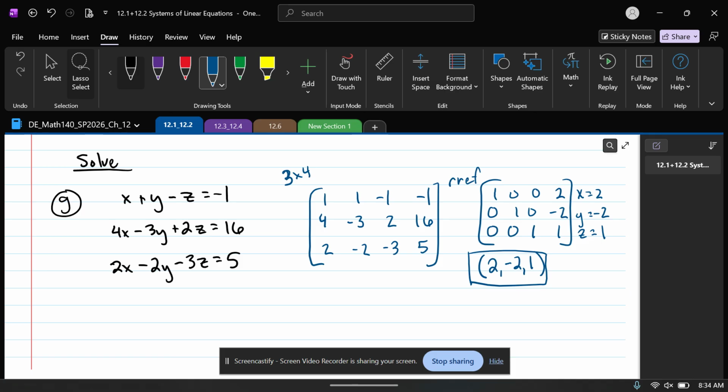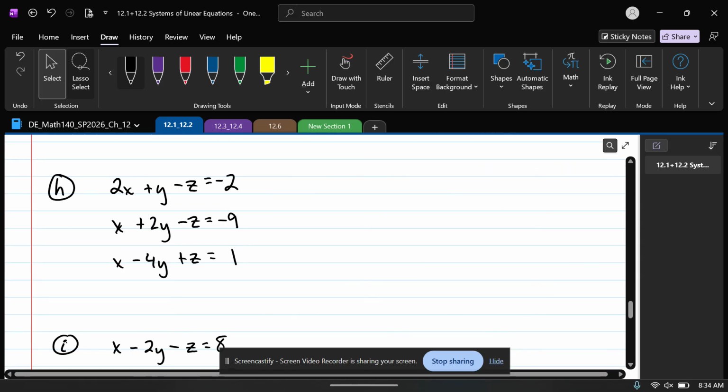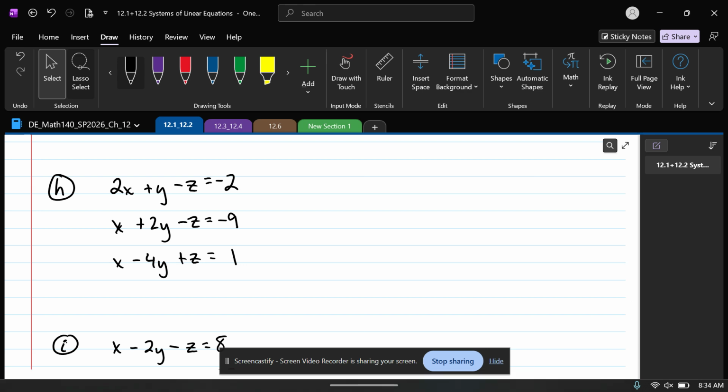So, solving that system using the reduced row echelon form with the calculator, that's kind of nice. All right. Let's see about H. Let's run that with the matrix. 3x4 matrix, run that and see what we get.